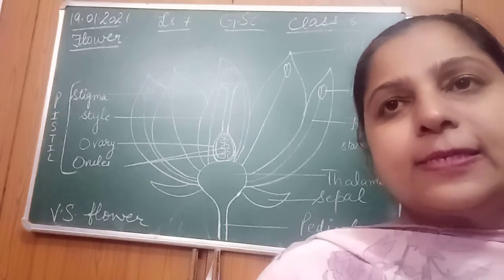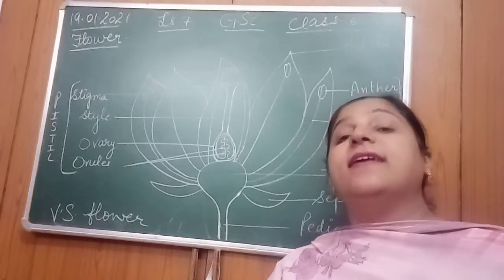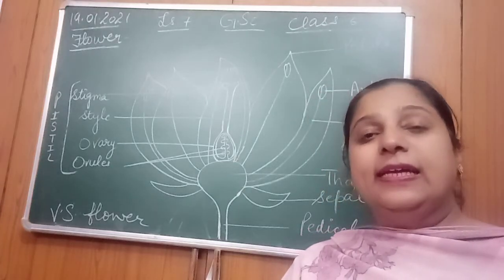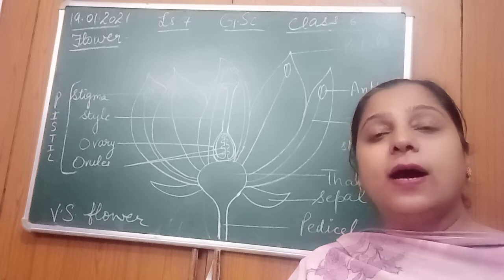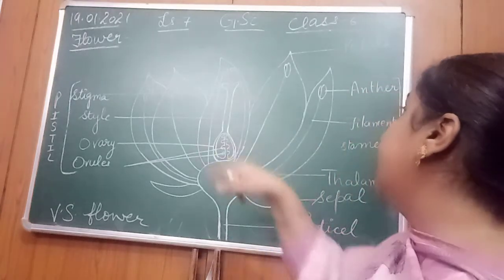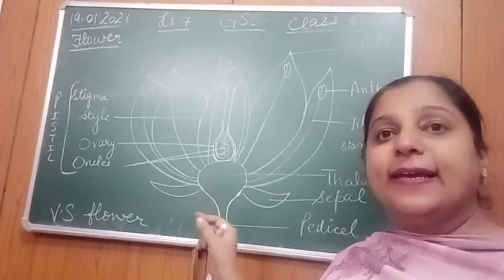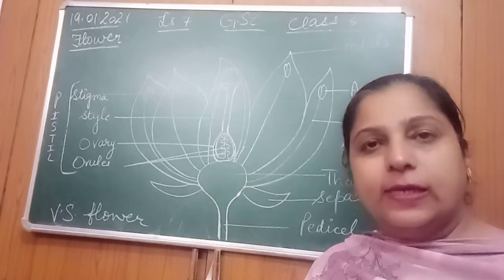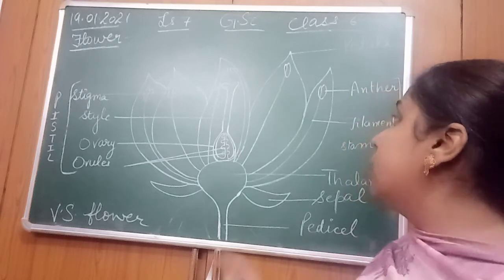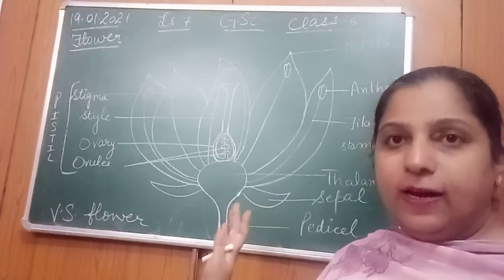Okay, students. Hope you have done it. In our next tutorial, as we have to do in practical also, I will show you all the parts of this flower, right? By taking another flower where male and female reproductive parts are prominent. So after this is the LS of flower or VS of flower.